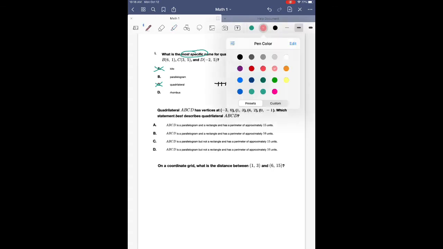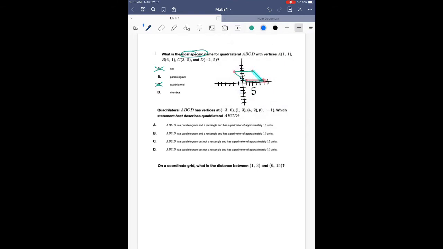So we're going to start by making us a right triangle, and in that right triangle, we're going to count our spaces. So we have 1, 2, 3, so 3 here, and 1, 2, 3, 4. Okay, so if we do the Pythagorean theorem, we're looking for this side right here.